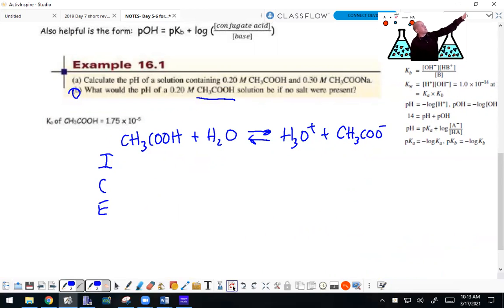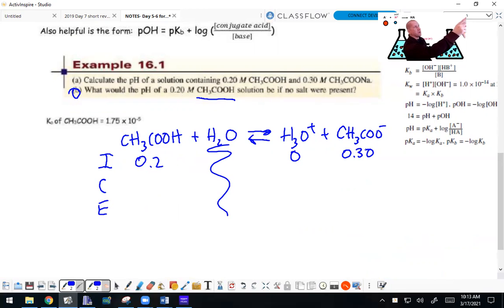So we have CH3COOH plus water. So the reaction is the same. Still don't do water. This is still 0.2. This is still 0, but this one's not. This is 0.30. So that's the difference. So we're not starting with 0 and 0. We're starting with 0 and the common ion CH3COO minus at a concentration of 0.3.